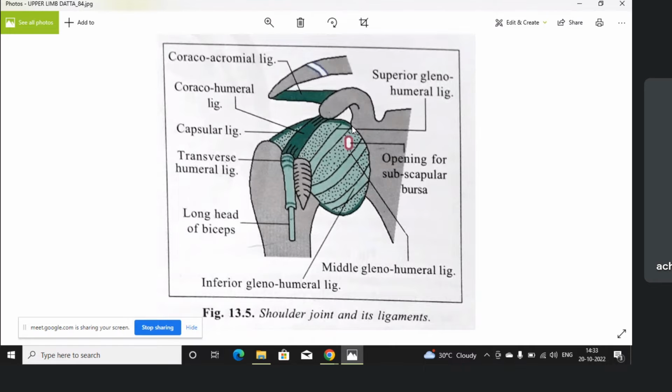So the first ligament is the superior glenohumeral ligament. Write down. Superior glenohumeral ligament, above attachment. Above, it attaches to the upper part of the anterior margin of the glenoid cavity.